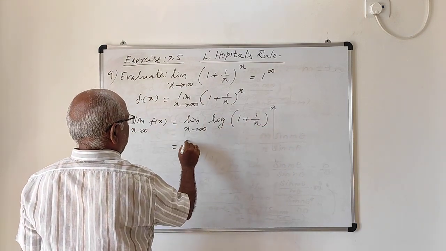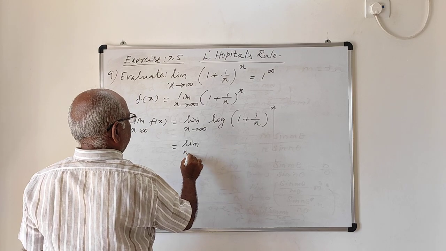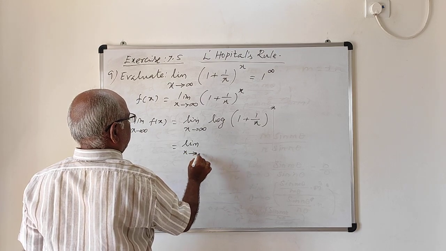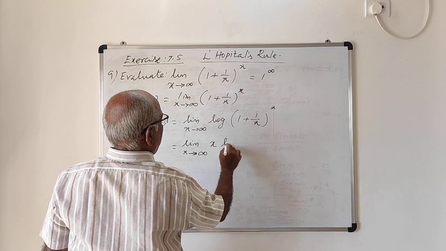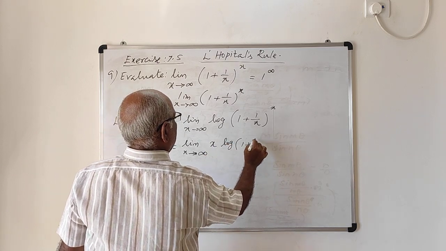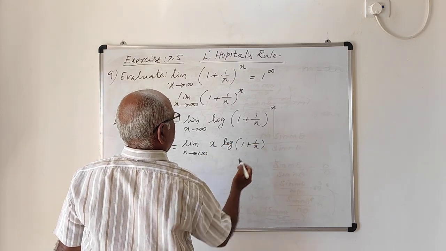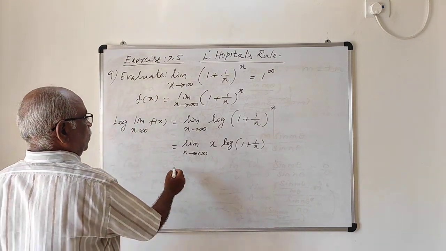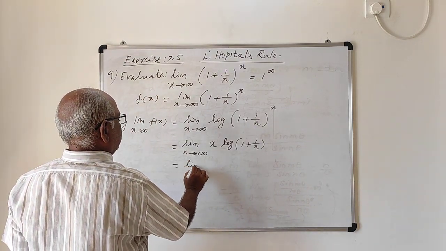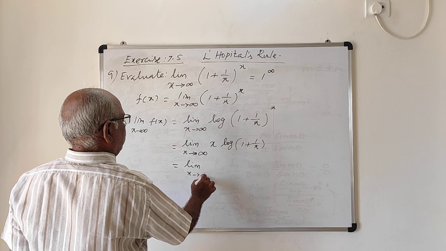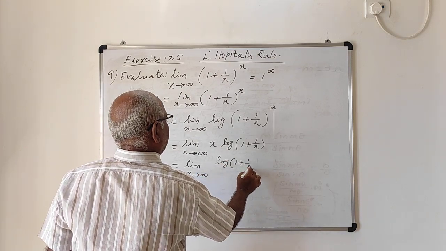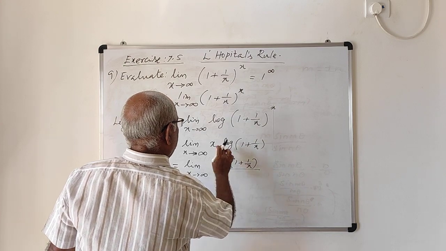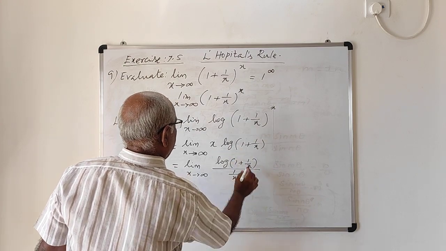So this is equal to limit x tends to infinity, power x becomes the product x into log of 1 plus 1 by x. Now you can rewrite this as limit x tends to infinity of log of 1 plus 1 by x, divided by 1 by x in the denominator.